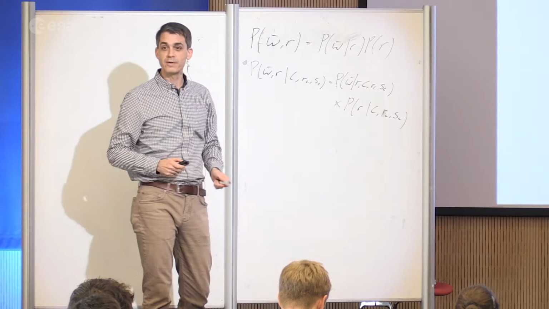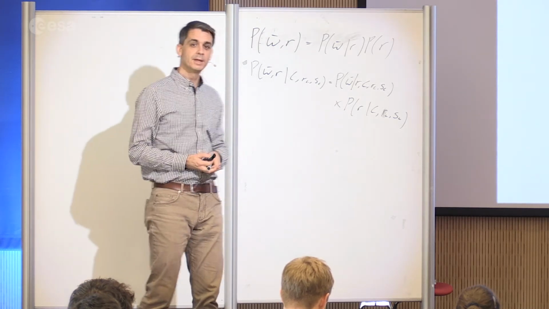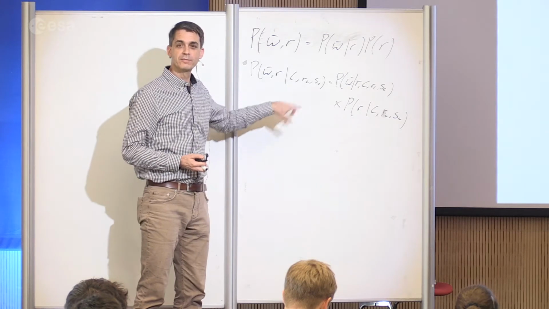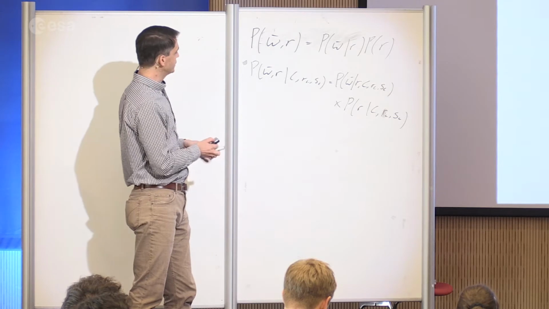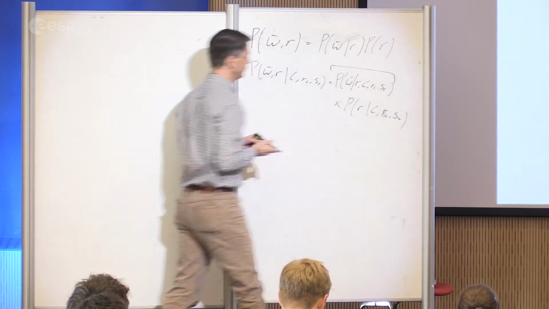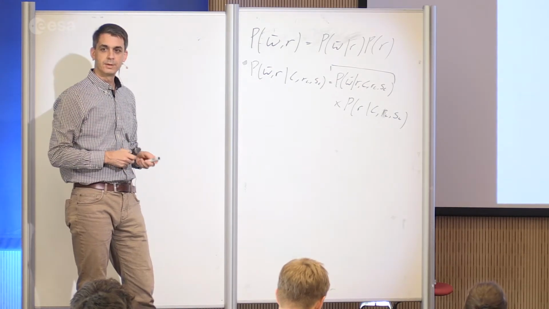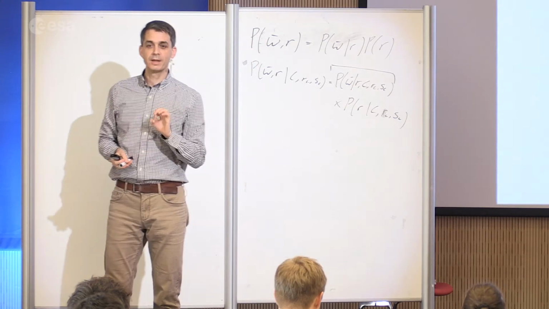But then I use this other very important thing, which Brendan also mentioned yesterday, the idea of conditional independence. Namely, that once I condition on certain variables, I become independent of others. For example, this quantity here looks a lot like my likelihood, because I said I'm having a Gaussian likelihood.